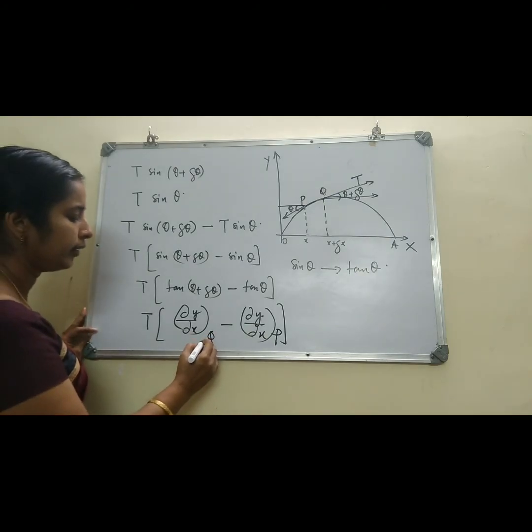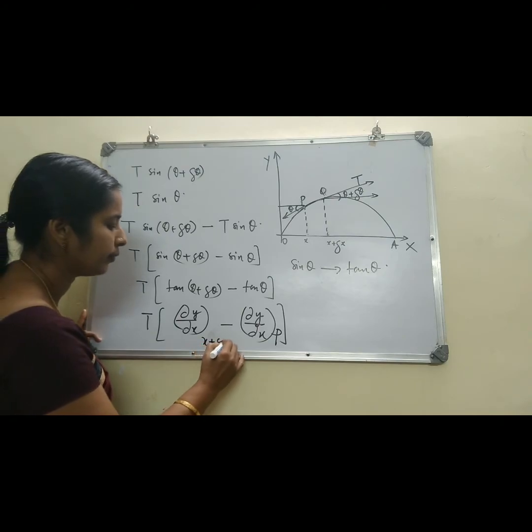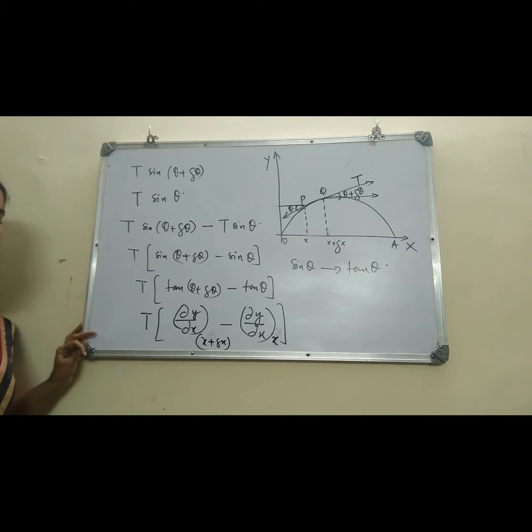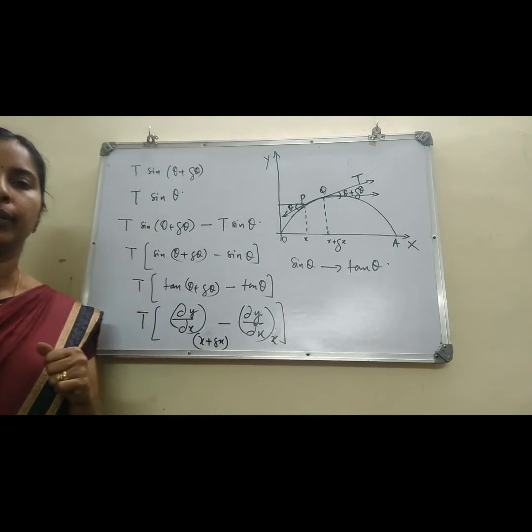Q means at x plus delta x, and P means at x. This is the total force acting along PQ.